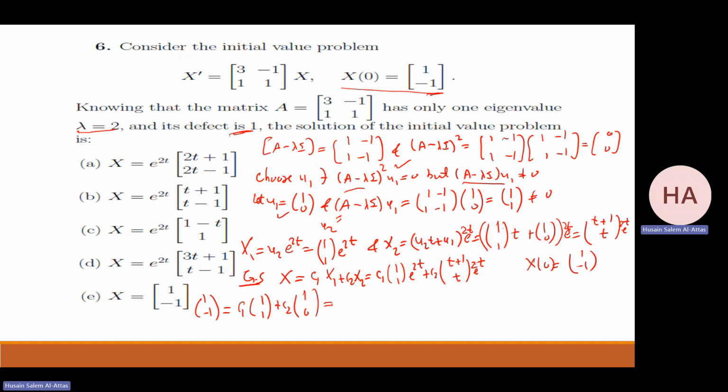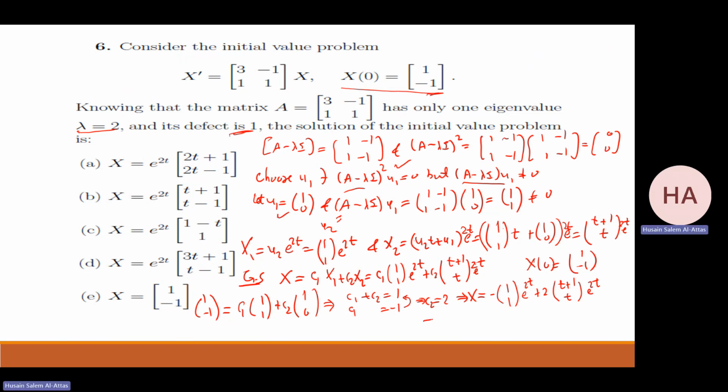So that implies C1 plus C2 equals 1 and C1 equals minus 1. Plug it here. So C2 will be 2. So my solution will be minus 1, 1, e to the 2t plus 2 times t plus 1, t, e to the 2t.